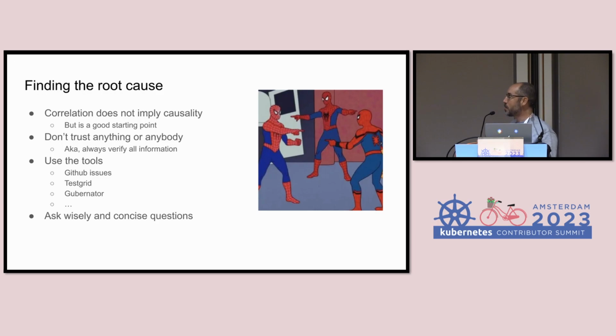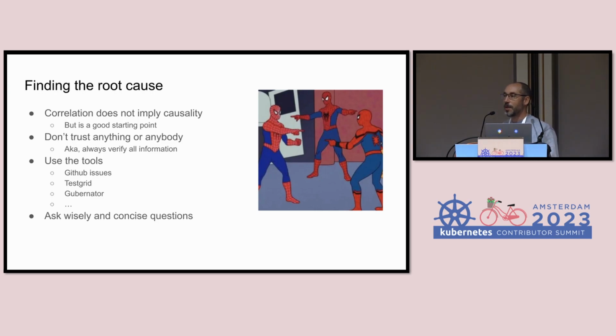So the first thing that you need to do is to try to correlate. But the important thing with correlation is that it doesn't imply causality. So if you know that this test started failing yesterday, and yesterday somebody merged something related to that, it's a good starting point. But it doesn't mean that since that merged yesterday, that's the reason. This happens a lot, for example with typical symptoms in networking.